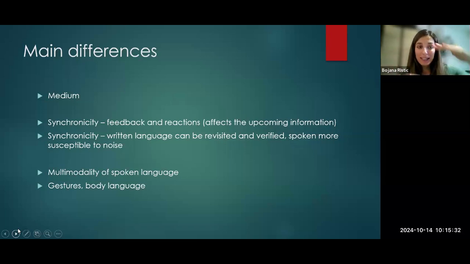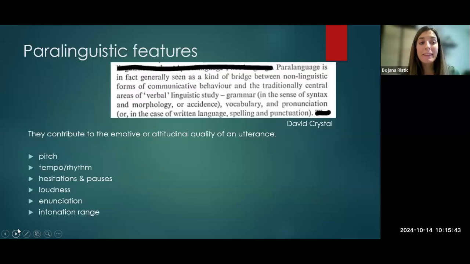But there is something in between the language that is being spoken and something very non-verbal, such as gestures. There is something in between. And that something in between is called paralinguistic information, or paralinguistic features. Para means that it's outside of it, right? It's not part of the linguistic features, but is directly related to it.